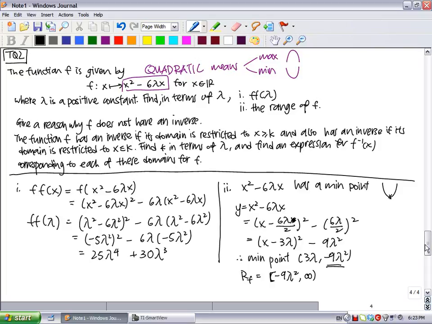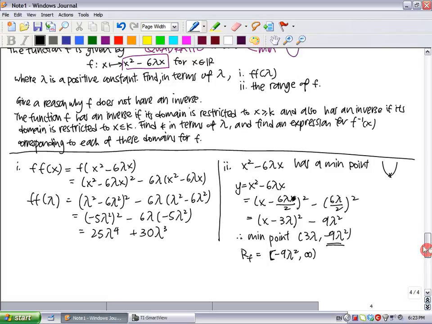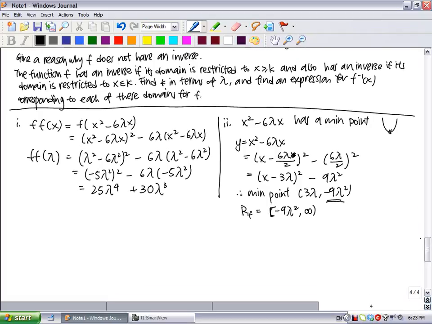Give a reason why f does not have an inverse. Remember, for f to have an inverse, it needs to be a 1-1 function. Then you think about it, it's a quadratic function, something that looks like this, something that looks like this. Is this a 1-1 function?